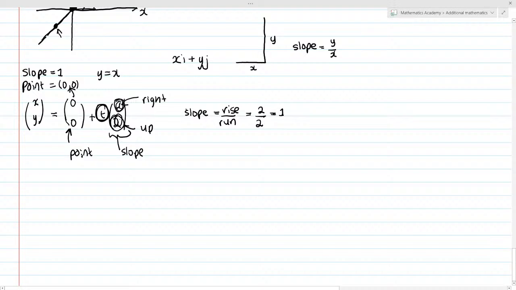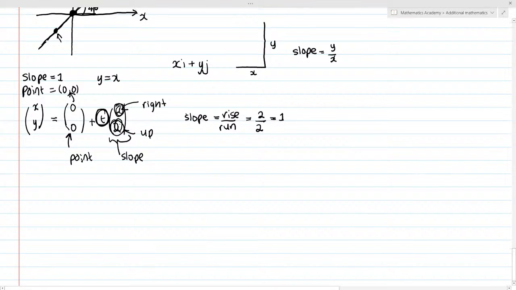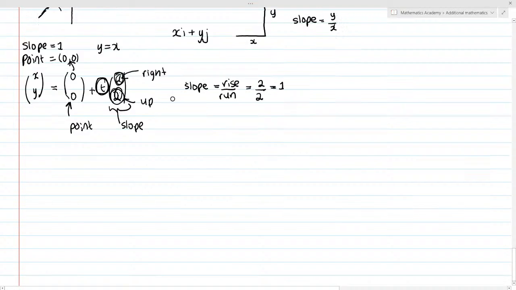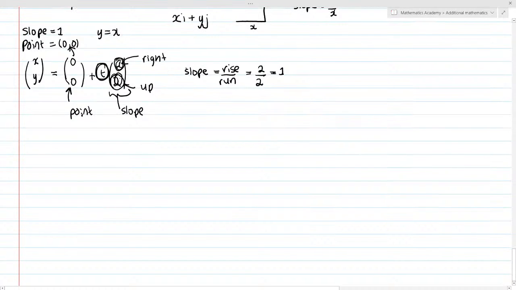That's fine. But sometimes using 1 and 1 is simpler for you, right? Because by using 1 and 1, as we will see, it makes it easier to find all of the points on the line. And we'll go through how that happens, but just know that you are allowed to use 2 and 2.